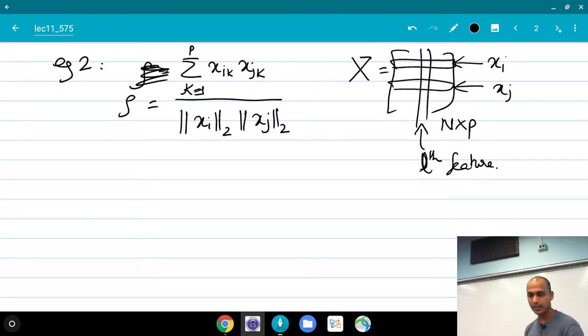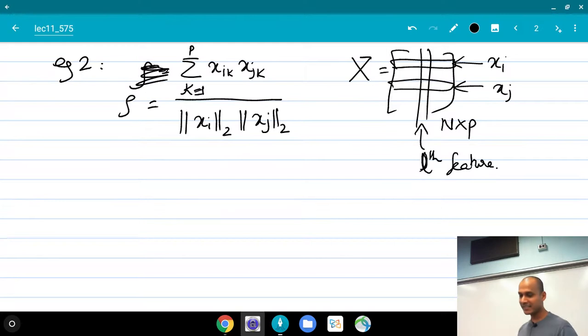Xi and xj are the rows. So here there's a difference between correlation between features, and what I'm defining is correlation between observations. Any two vectors, you can take the difference between them, like the Euclidean distance that I showed in the previous slide, a pointwise difference, sum of squares, that's a measure of dissimilarity.